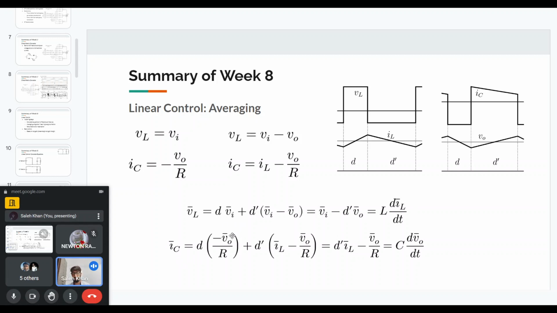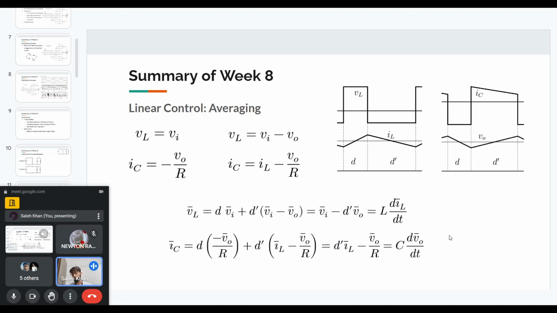I'll replace the values by their switching period averages and simplify, and this expression will be equal to C dV/dt based on the capacitor equation. So these are the converter equations I get when I average over one switching period.